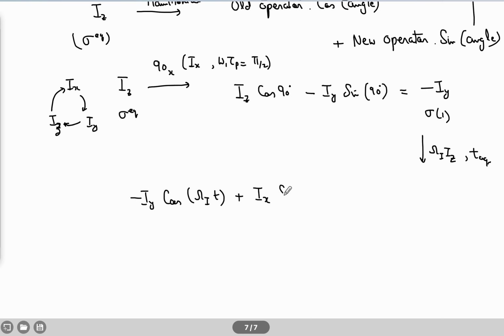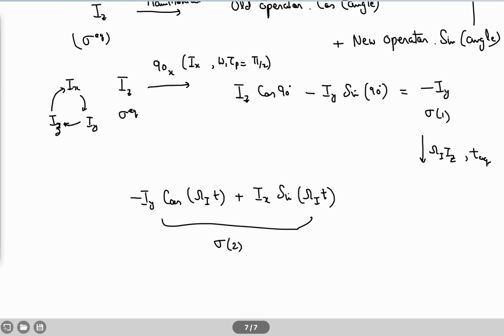And I will have sine of omega I t. So this is what I have got as sigma 2, which I got earlier also.